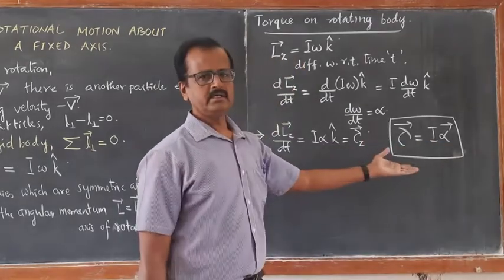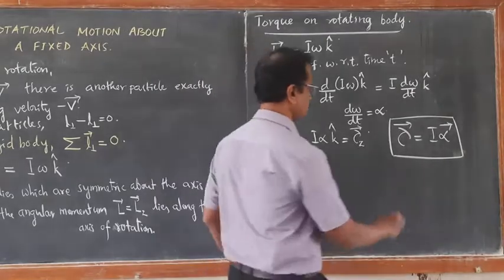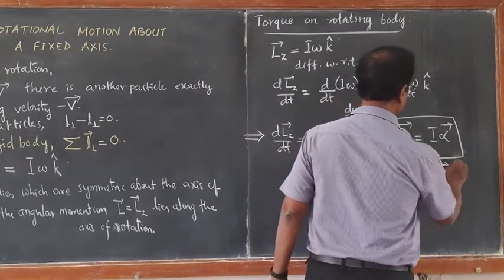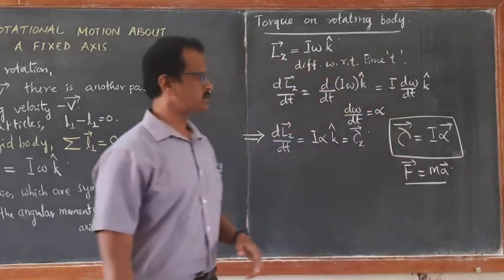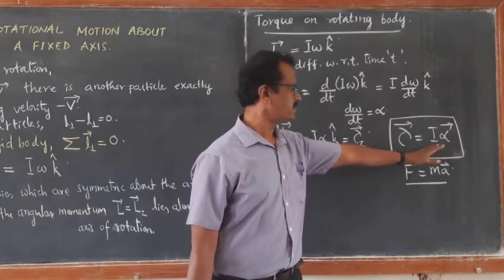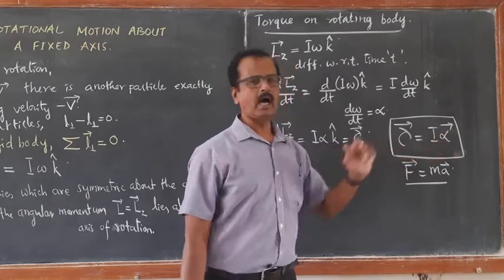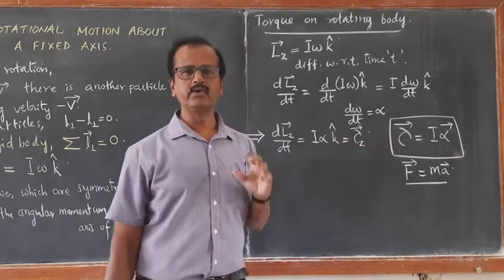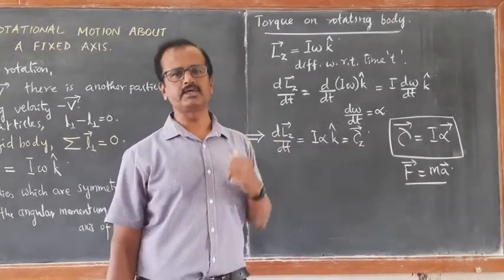Just like in Newton's second law we got F is equal to ma, in rotational dynamics, torque tau is equal to I alpha, where alpha is the angular acceleration and I is the moment of inertia. So you can say this is Newton's second law for rotational motion.